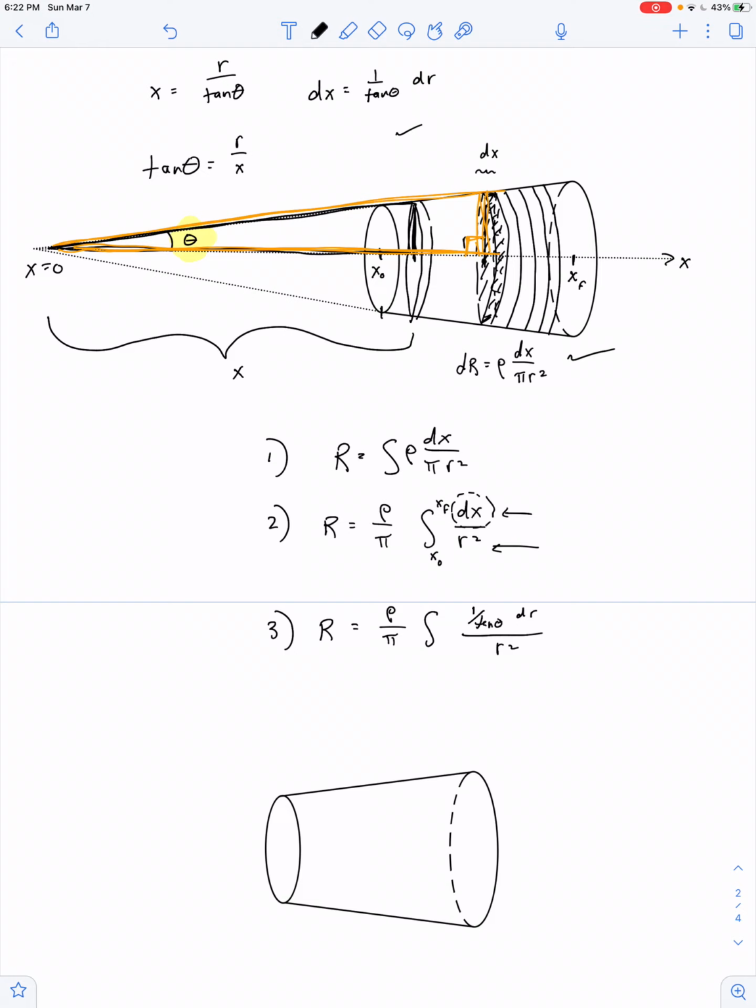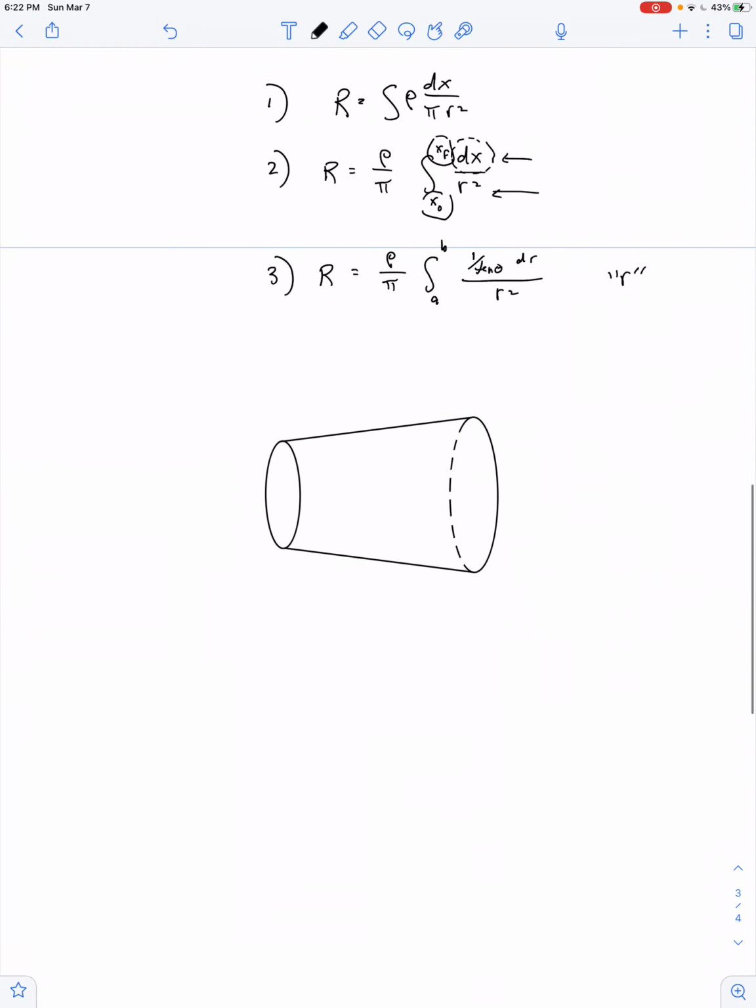And now our limits of integration, instead of expressing them in terms of x: the very first slice has a radius of a, and the very last slice has a radius of b. So those are our limits now that our single variable is r.